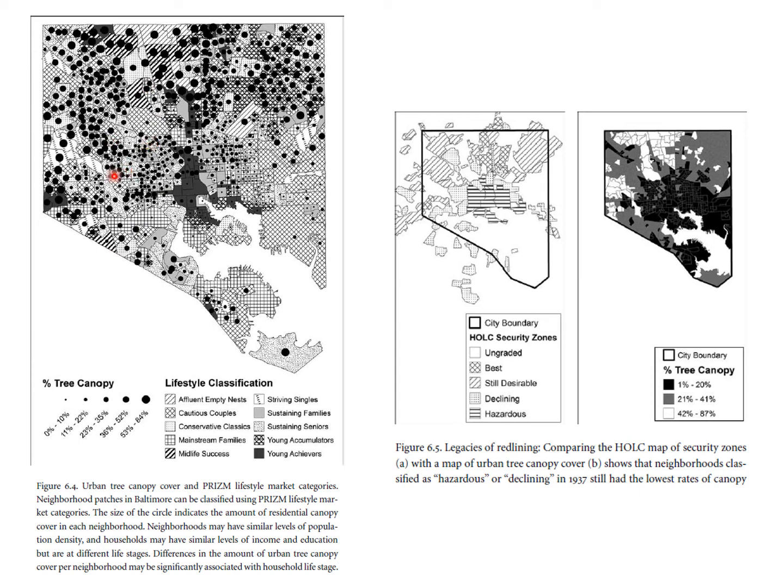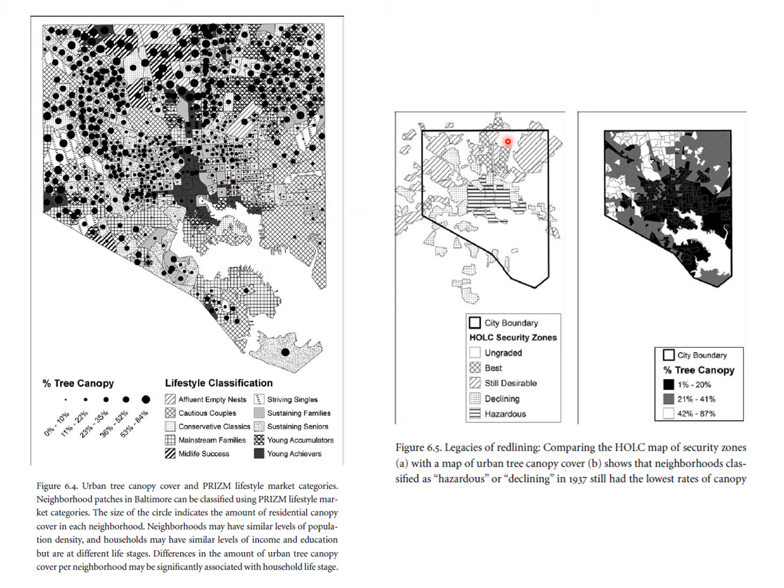I'm not going to go through all these, but what you can clearly see is that if you're in a wealthy, particularly older demographic, then you're more likely to have higher tree canopy. Whereas if you're someone who's young and probably hasn't accumulated as much wealth yet, then you're living in an area that has less tree canopy. So that's what they were finding there.